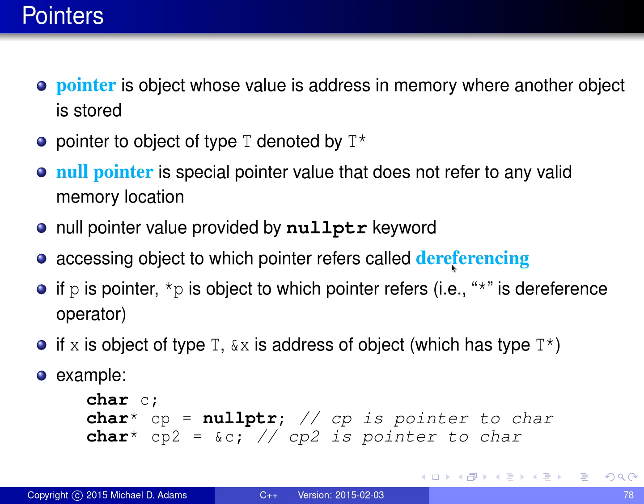And this process is called dereferencing. So to make this a little bit more concrete, if, for example, we have a pointer variable called p, and then we want to access the actual data that that pointer refers to or points to, we would say star p. So putting star in front of a pointer dereferences. In other words, it goes to whatever that pointer is referring to and accesses what's there.